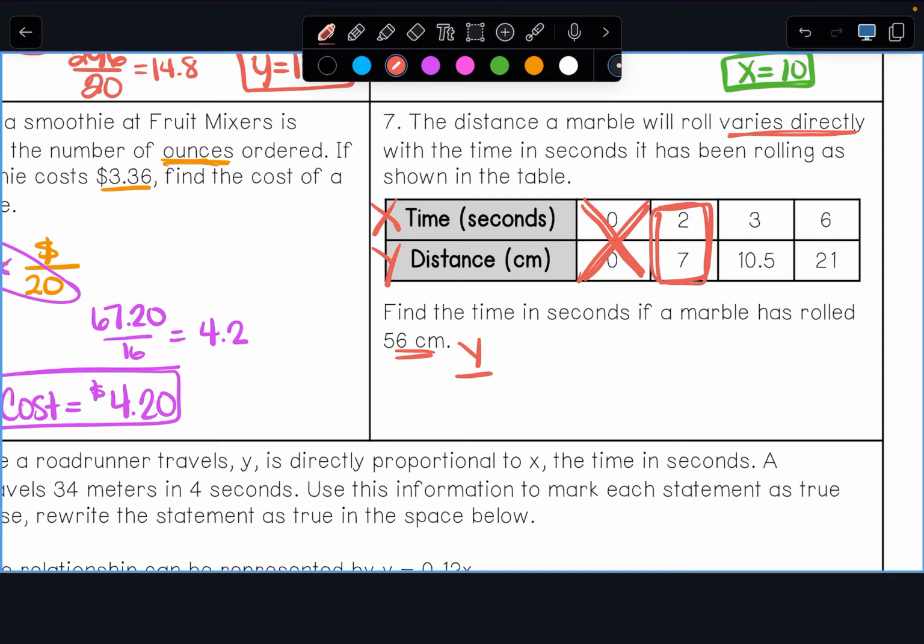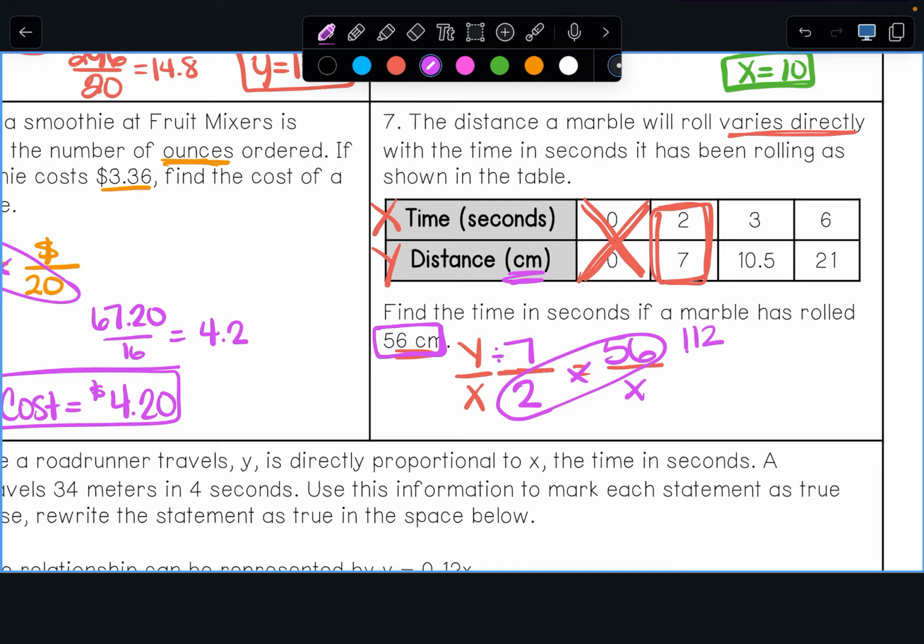You always set up Y over X and set two fractions equal to each other. 7 is going to go on top because that is a Y value. 2 goes on the bottom because that is an X value. Now 56 centimeters. Centimeters is a Y value, so I'm going to put the 56 at the top of my fraction, meaning I'm looking for X. To solve, I cross multiply. 56 times 2 is 112.